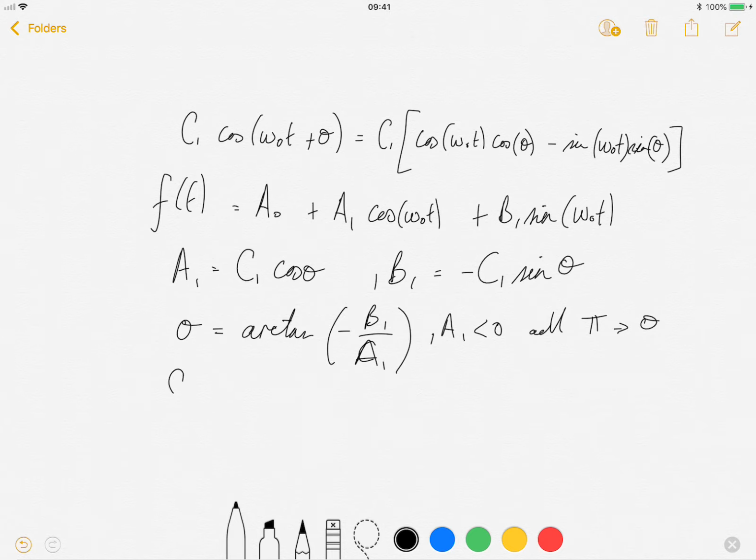And we can calculate c1 because it's equal to the square root of a1 squared plus b1 squared. These identities allow us to carry out our Fourier approximation, or even fit a sinusoid to function values, and we're going to look at that just now using least squares approximation.